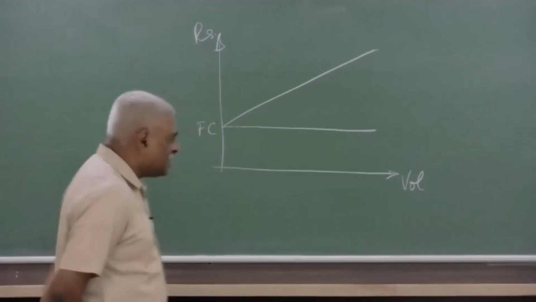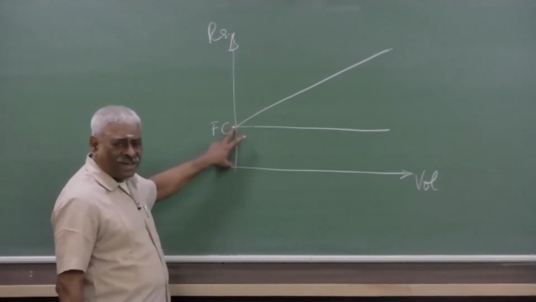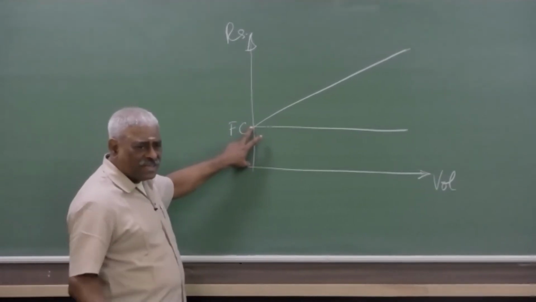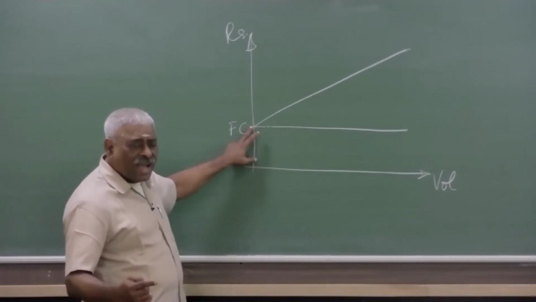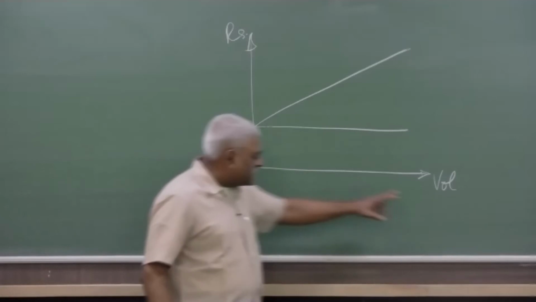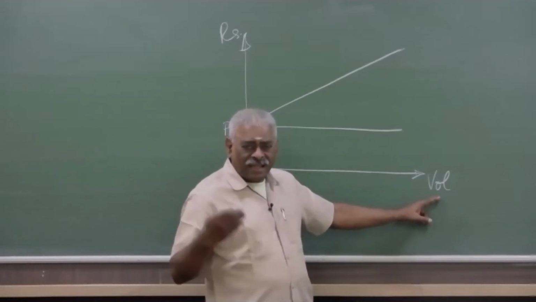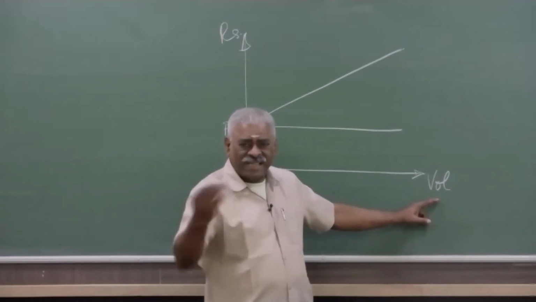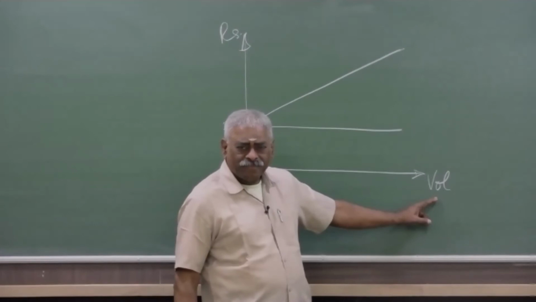Have you understood the concept? So this is the fixed cost for the institution to pay the teacher, 10,000, and then for every additional student I get 1,000 rupees more. That's what I use here as volume. The volume is the number of students in the example that I gave you. Do you agree? Yes, sir.